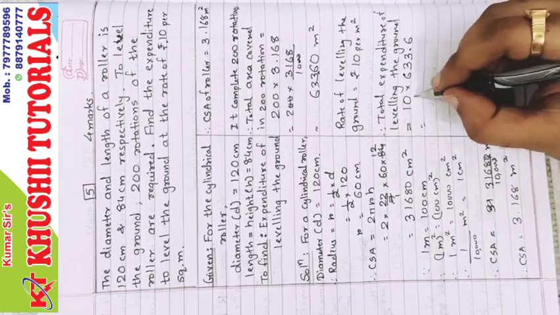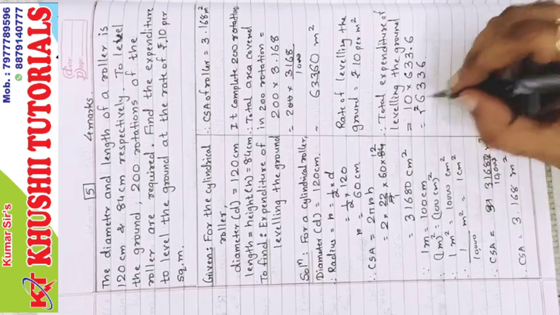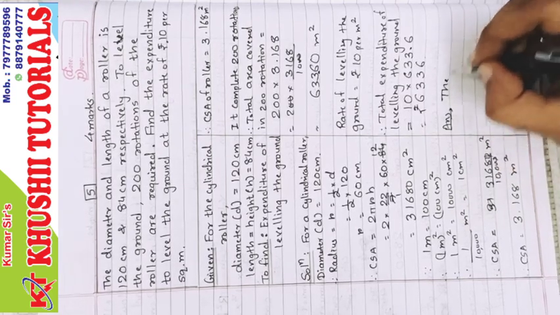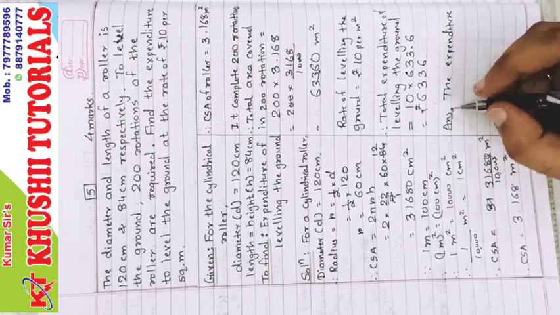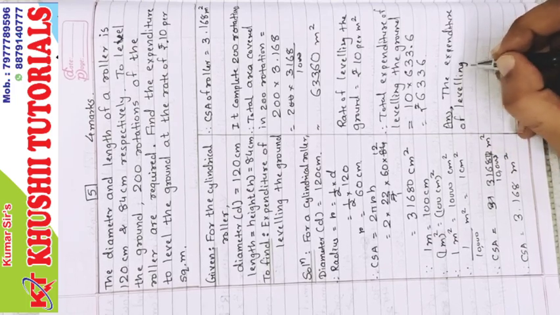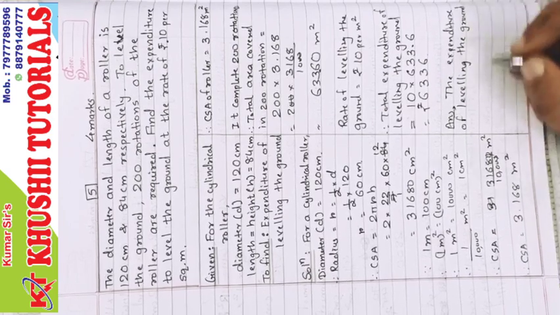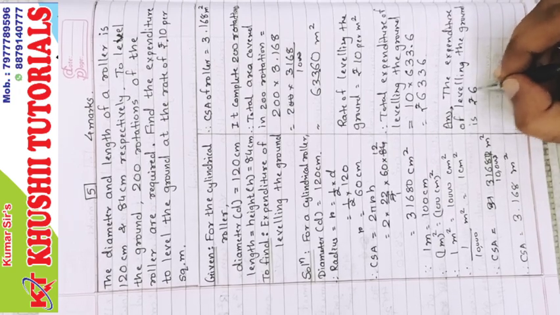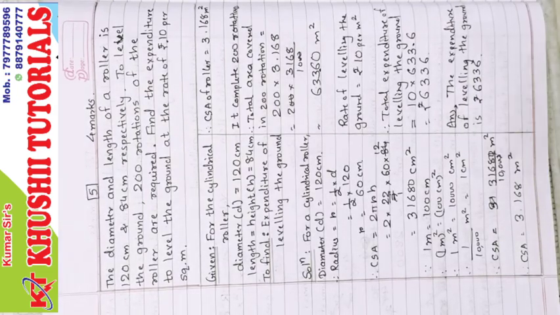So 10 into the same number we will get 6336 rupees. So answer, the expenditure of leveling the ground is rupees 6336. This is the end of sum number 5.